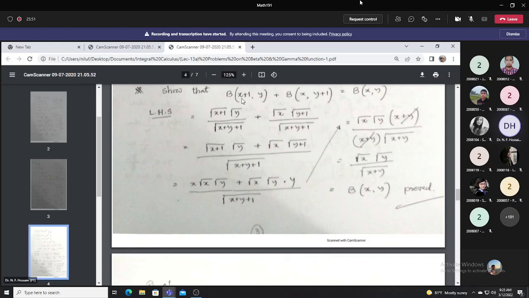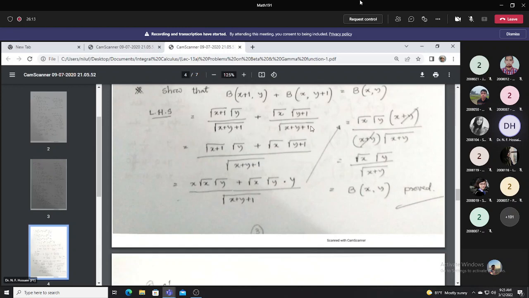Your m is x plus 1 and n is y. So for this beta function, it should be gamma x plus 1 into gamma y divided by gamma x plus 1 plus y. And here it should be gamma x into gamma y plus 1 divided by gamma x plus y plus 1.